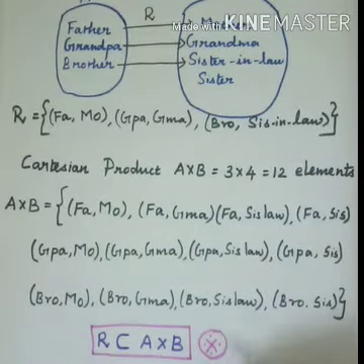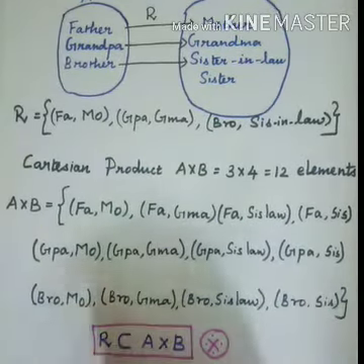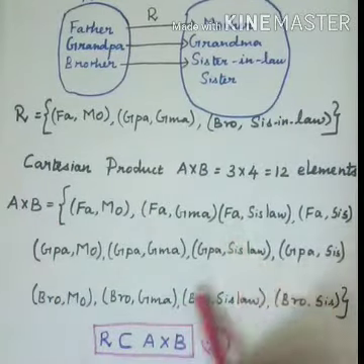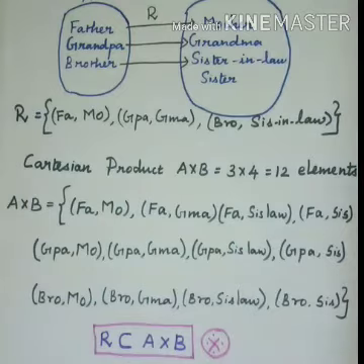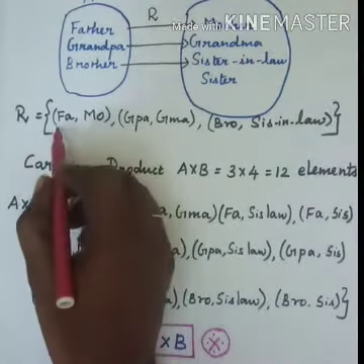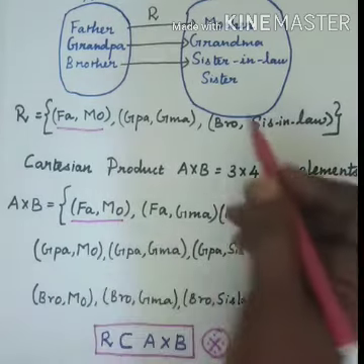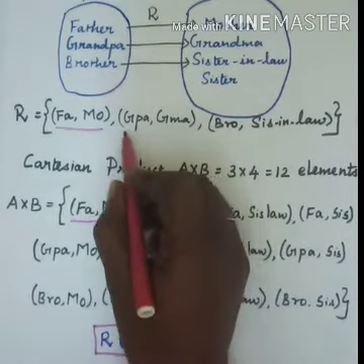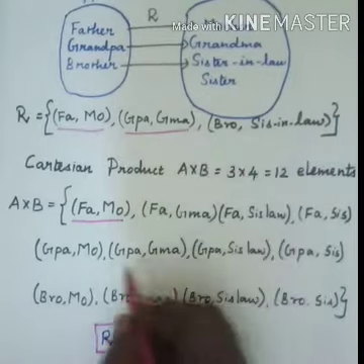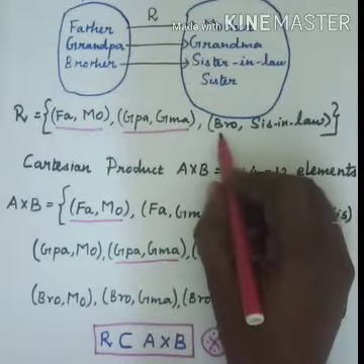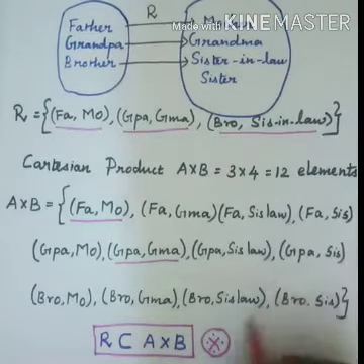Okay students, listen carefully. All the elements of R will be inside of this Cartesian product A cross B. That is, father comma mother is here. Next is grandpa comma grandma, it is here. And brother comma sister-in-law is here.